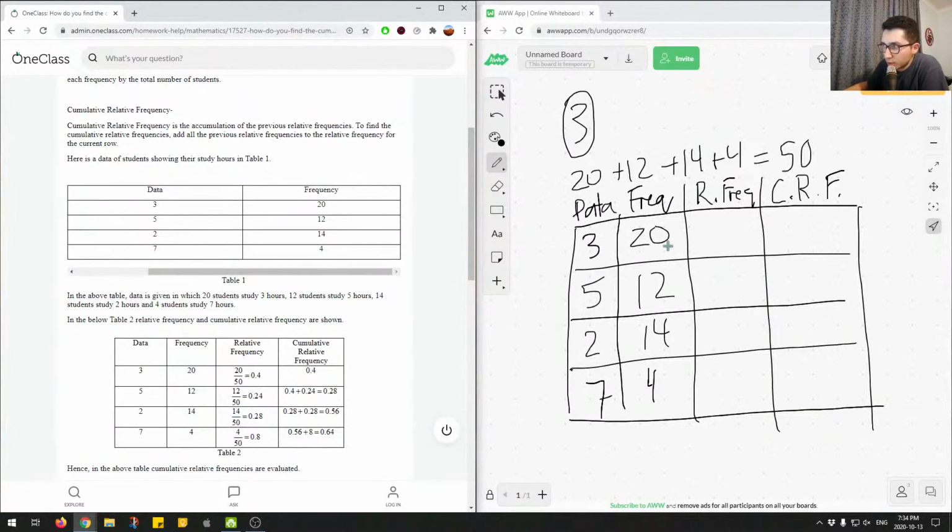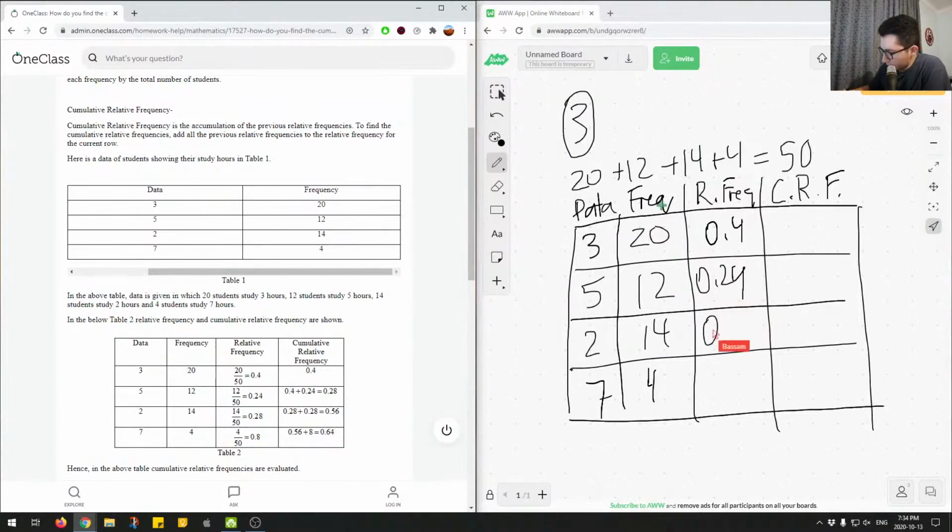For the first relative frequency, we take 20 divided by 50, and that gives us 0.4. We double check in our calculator and we get 0.4. Next we have 12 divided by 50, and we plug it in to double check the calculation. We get 0.24. Then we have 14 divided by 50.